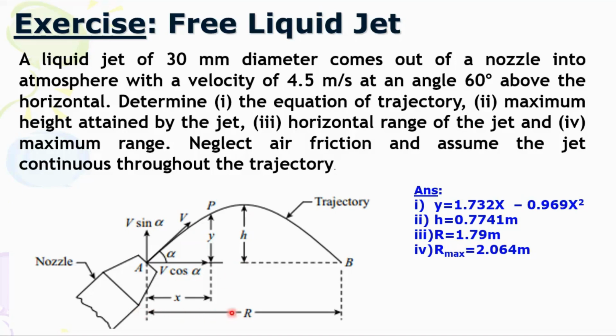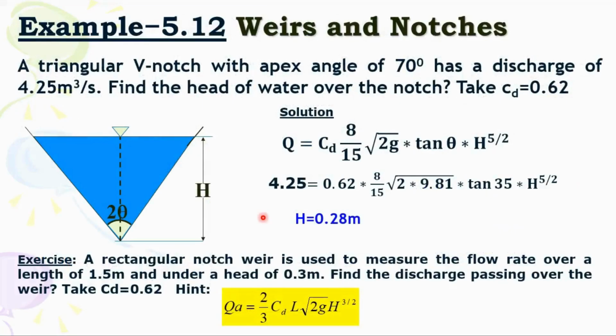So what will be the range? The equation of trajectory, the maximum height attained by the jet, the horizontal range, and the maximum range R. So y will be 0 at this point. Your answer should be these values. So please try this as an exercise. If you have any question, you are welcome.